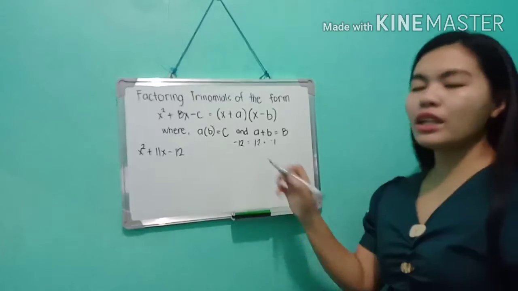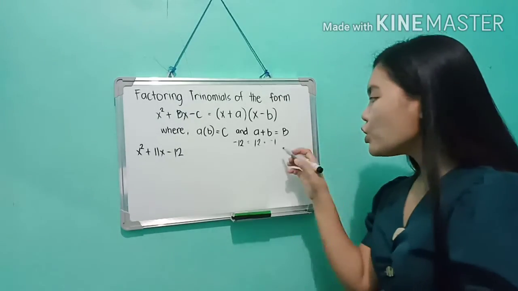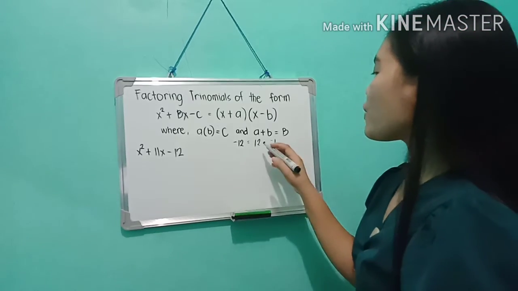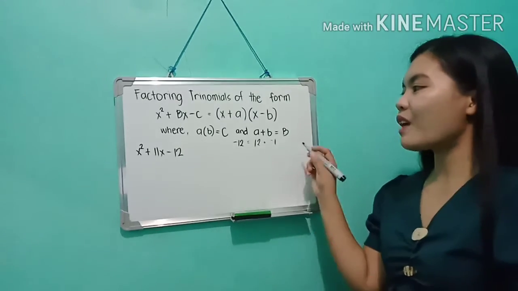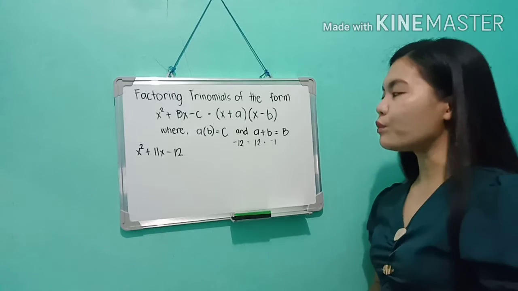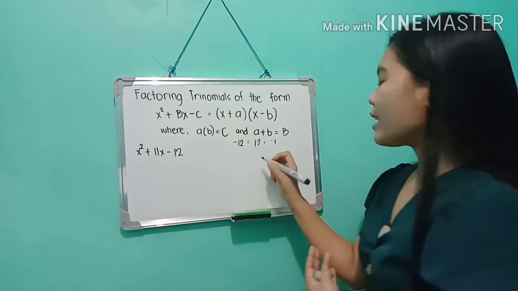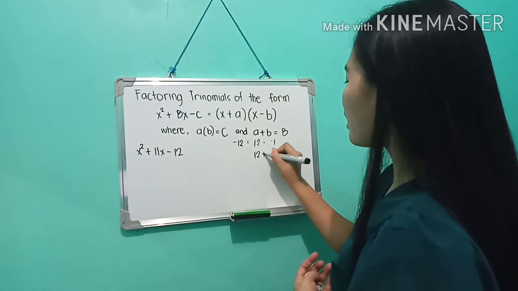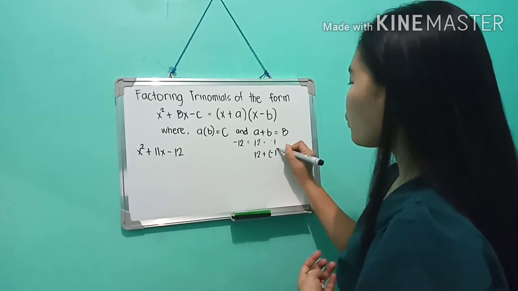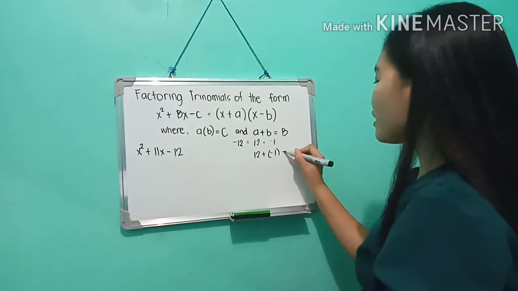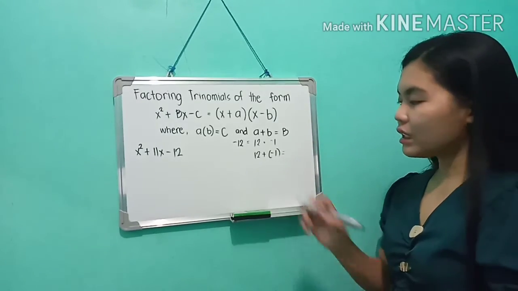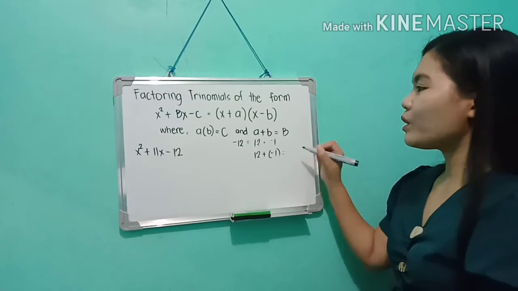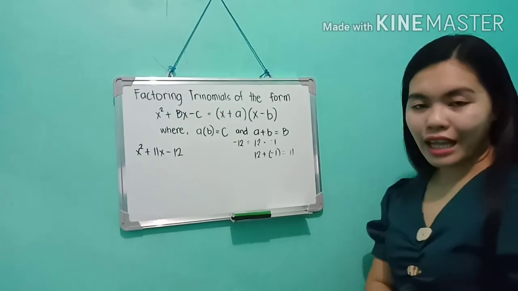So, ang positive natin ay nasa malaking value, yung negative ay nasa maliit na value. Alright, so if we're going to multiply this one, it will give us negative 12. At saka kung i-add natin, we have here positive 12 plus negative 1. So, ang answer nito is, 12 plus negative 1, it will give us positive 11.